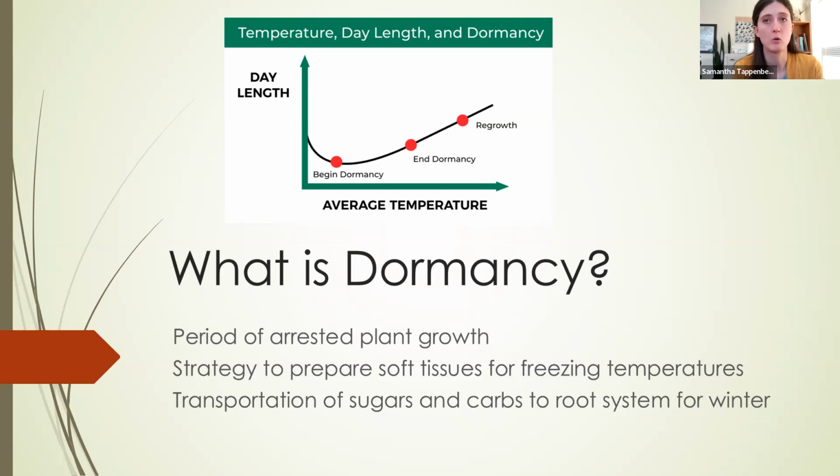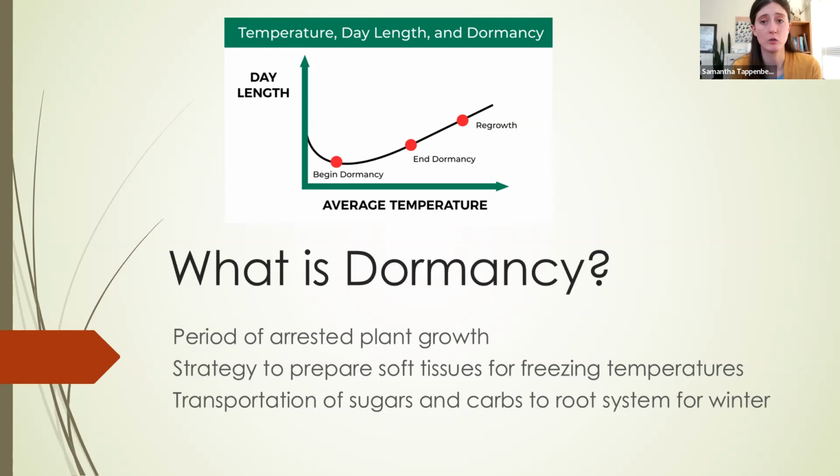Some species may require a certain amount of days with temperatures above a certain temperature. Some plants may require a certain amount of sunlight per day in order to be triggered. Some plants may require a combination of those two factors, and so it's variable. But what we do know is that in the fall, plants hibernate, they go to sleep, and they go dormant, and in the spring, they wake up and they start preparing for growth.